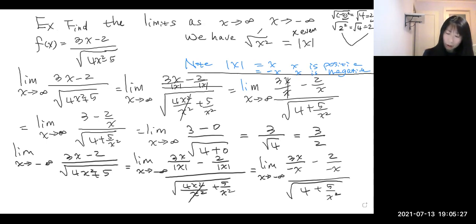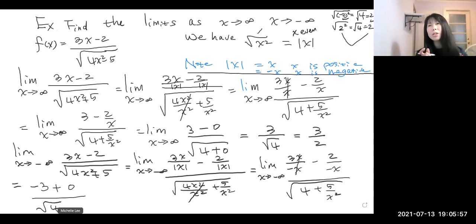Okay, then look, we get the first term. What do you get? First term? -3. Good. Second term, negative is positive, and then we know it approaches 0, over the square root of 4, and then 5 over x squared.